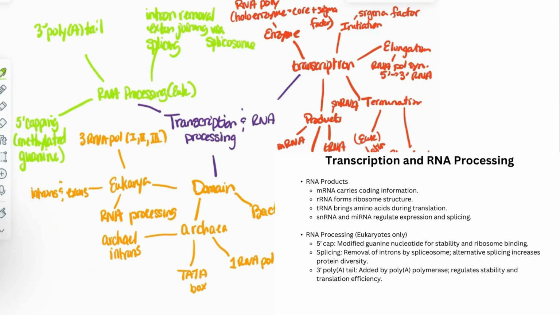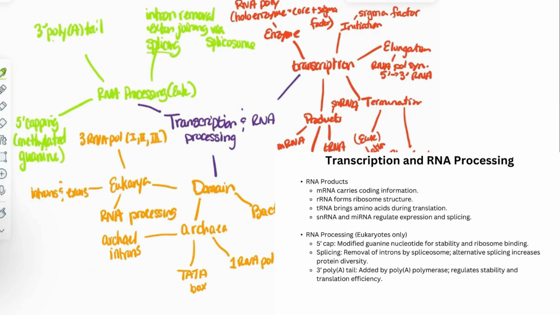So we have RNA processing, where there is splicing, where the introns are removed and exons are joined via spliceosome. We have the 3' poly-A tail, and then the 5' capping, where the end of the messenger RNA is methylated by the guanine.